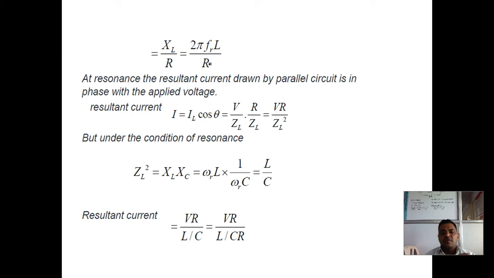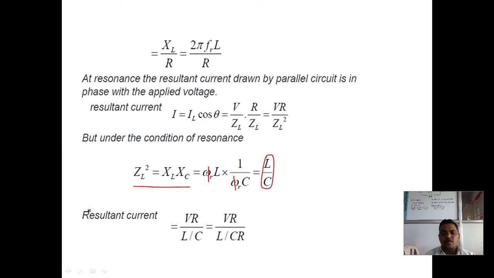But under this condition, ZL square is equal to XL minus XC, which is equal to omega R into L into 1 upon omega R into C. Hence this omega R and this omega R get cancelled. Therefore the equation L upon C is formed. So ZL square is equal to L upon C.